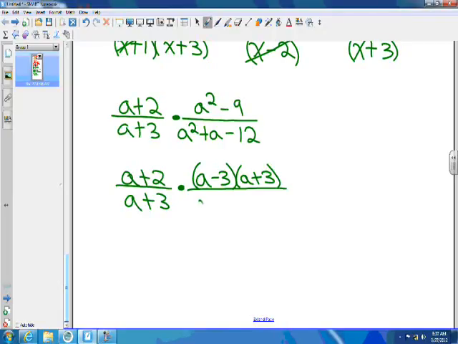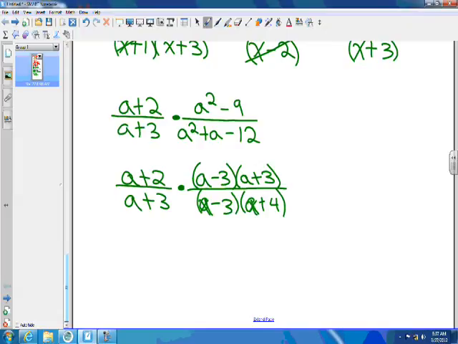Yeah, x minus 3 and x plus 4. So what can we cross? This should be a's. Your calculator is always going to give you x's. Put in whatever variable it is.